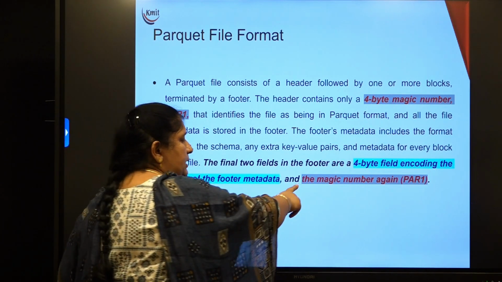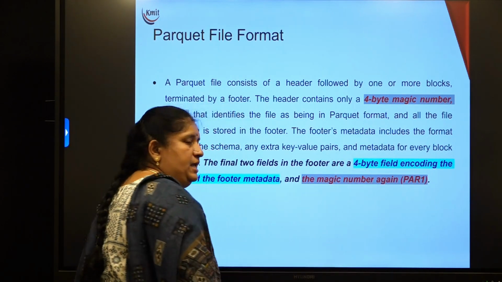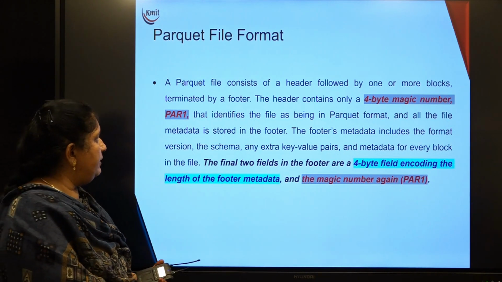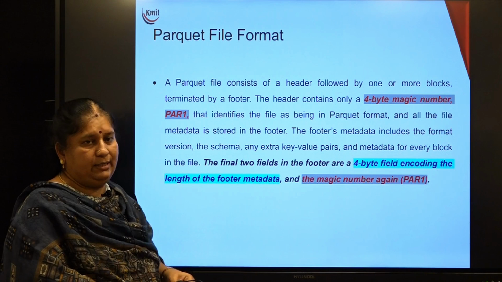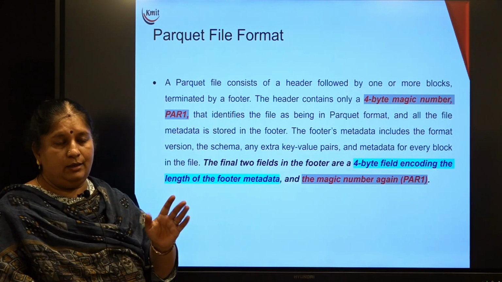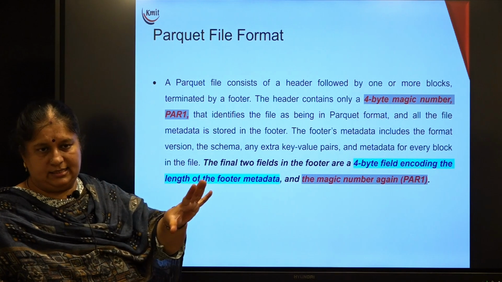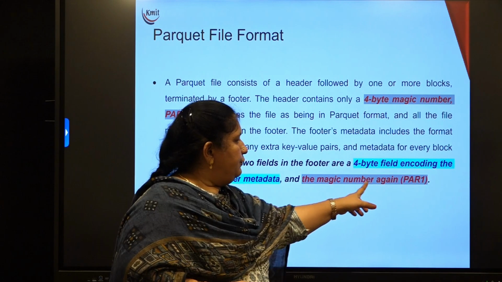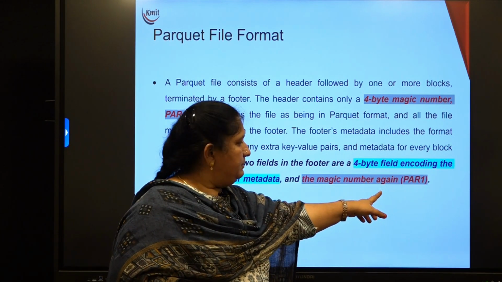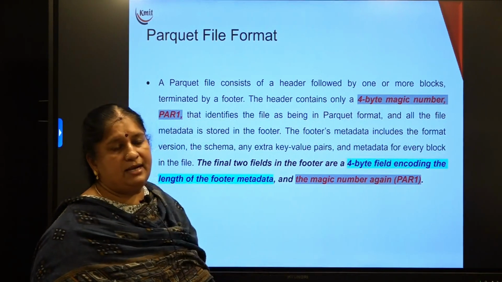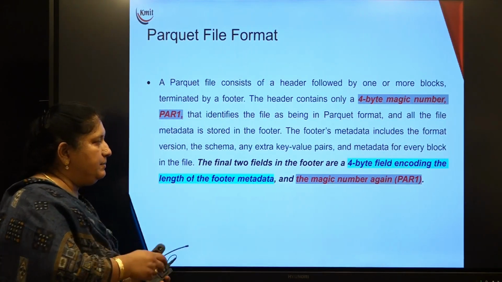Apart from this, what is the magic number again? PAR1. How many bytes is it going to occupy? PAR1 will always occupy 4 bytes. So the last two fields in the footer take 8 bytes, in which the last 4 bytes are the magic number PAR1 and the first 4 bytes are the metadata length. Please remember this.